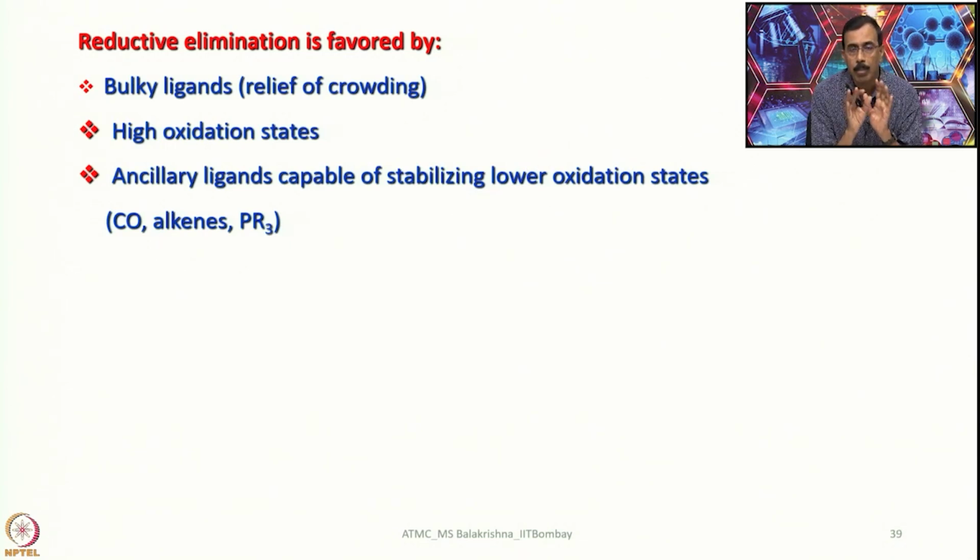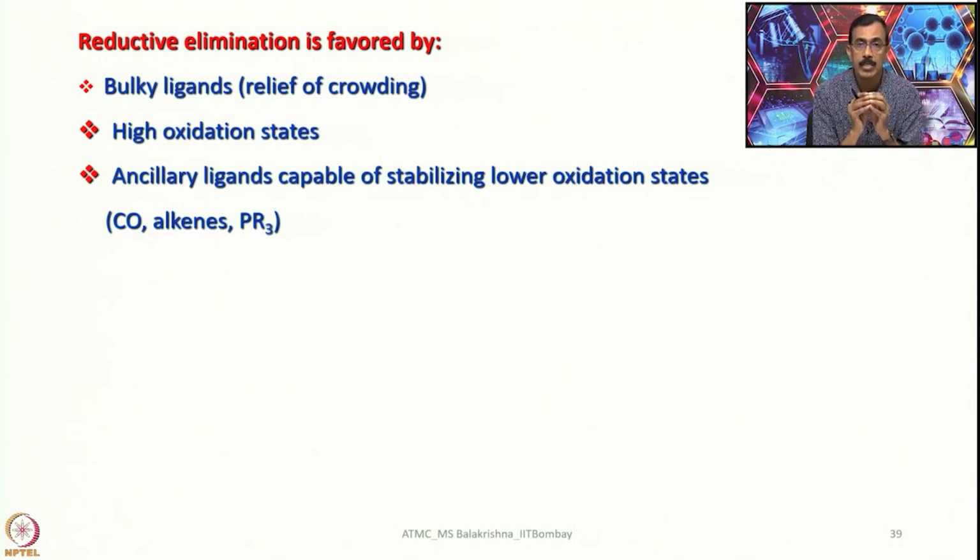And besides these things, what is important is what kind of ancillary ligands we are using on the metal. The so called silent spectator ligands or ancillary ligands have a very important role. So that means ancillary ligands capable of stabilizing lower oxidation states are important. That means we should have ligands which are non-classical in nature.